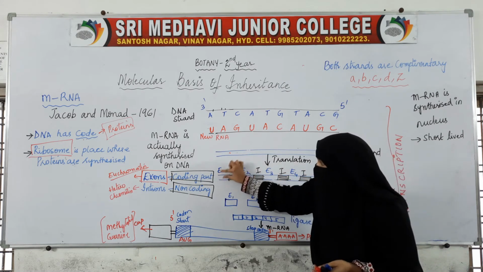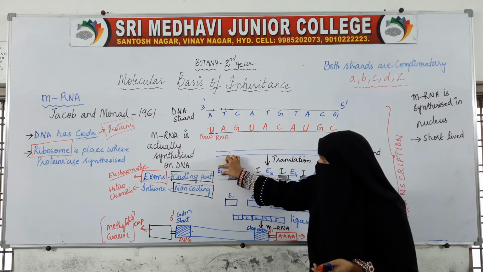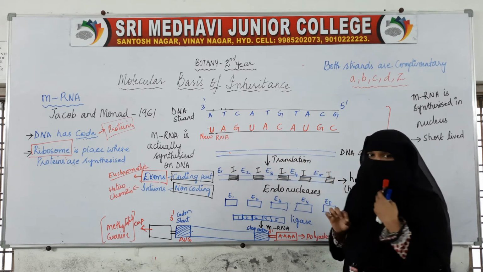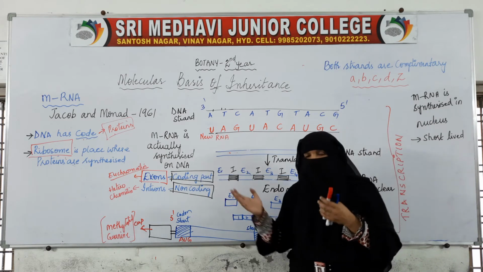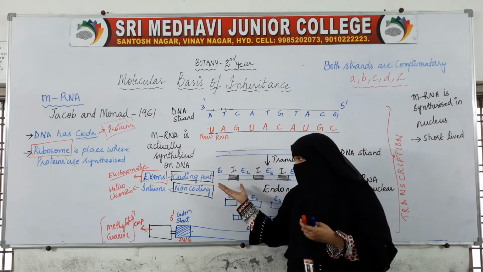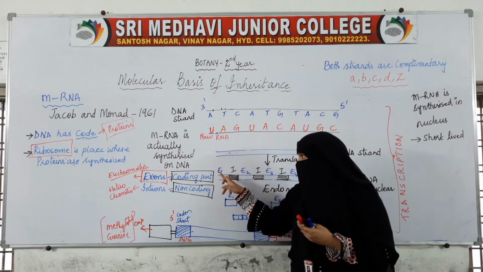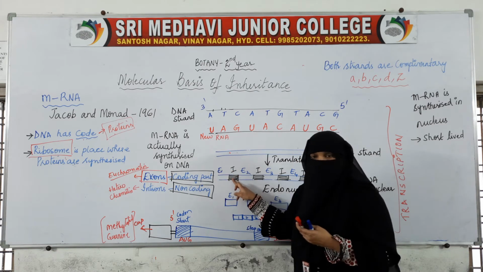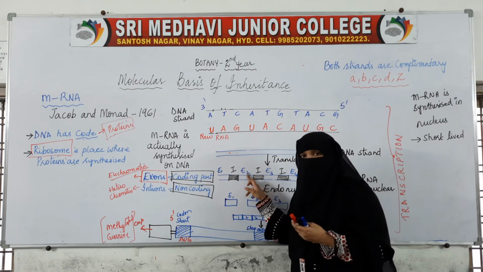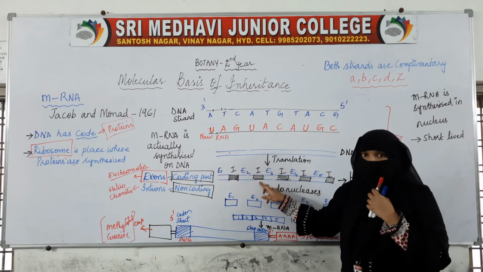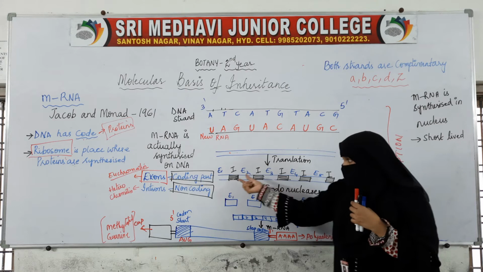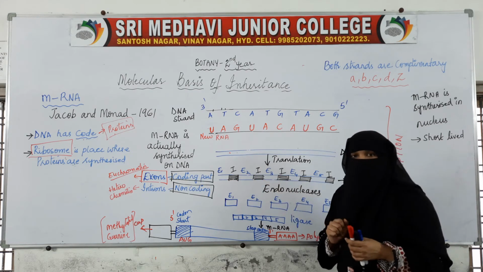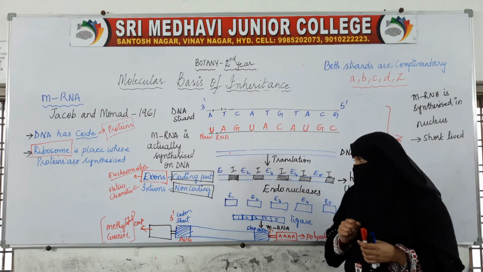This is the first exon, this is the second, third, and so on. Then there is the non-coding part, intron. So on this new RNA, we have the coding part as well as the non-coding part.